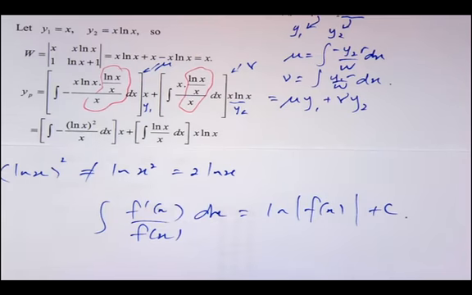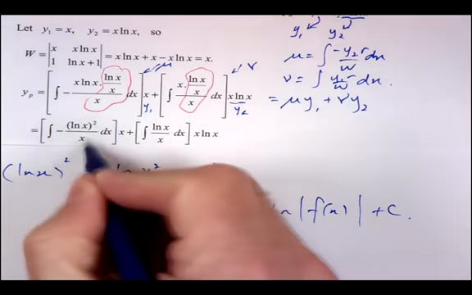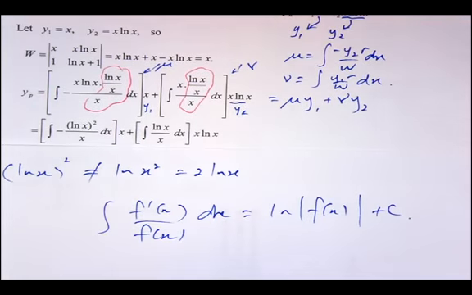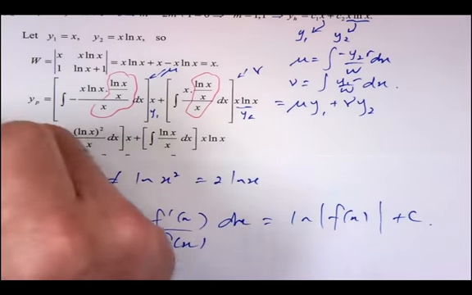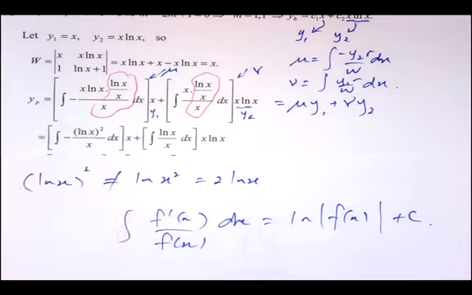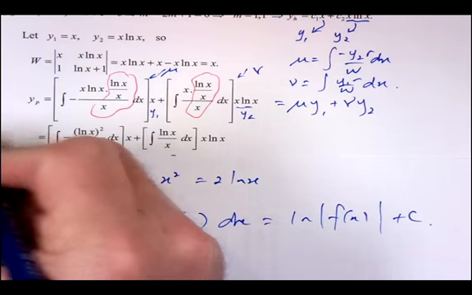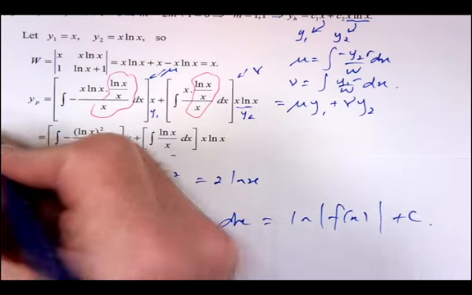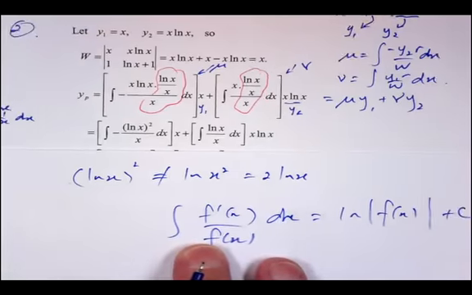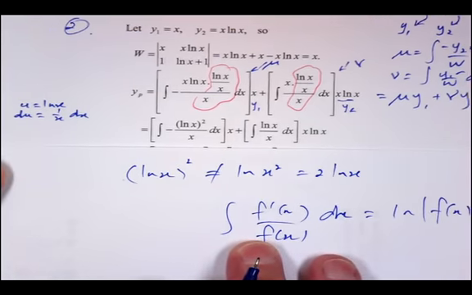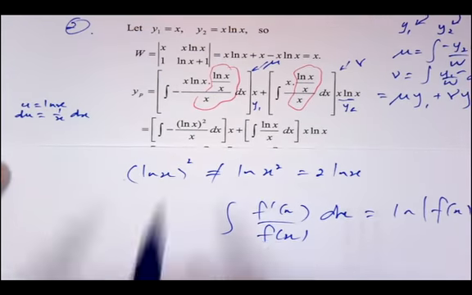What's the derivative of log x? 1 over x. So can I see a 1 over x there somewhere? And in fact, yes, I can. It's a 1 over x and a 1 over x. So if I let u equal log x, then du is 1 on x dx. So what does this first integral become?